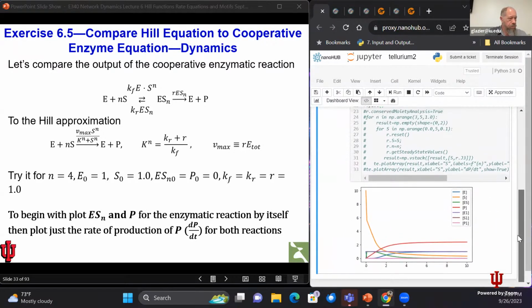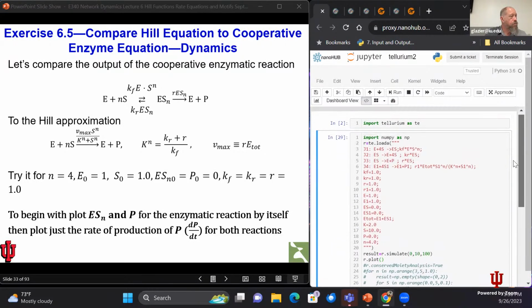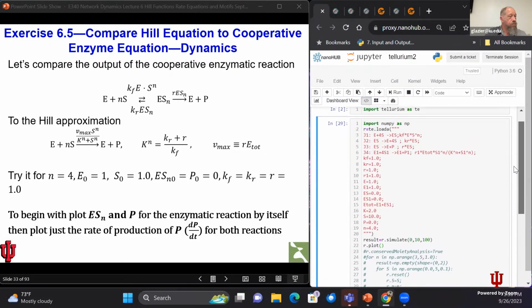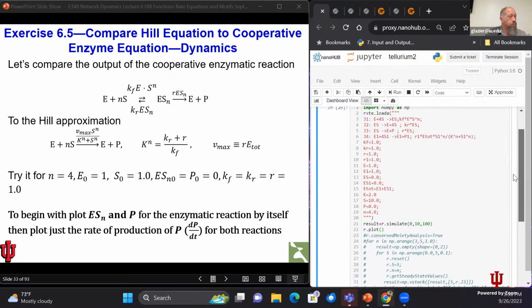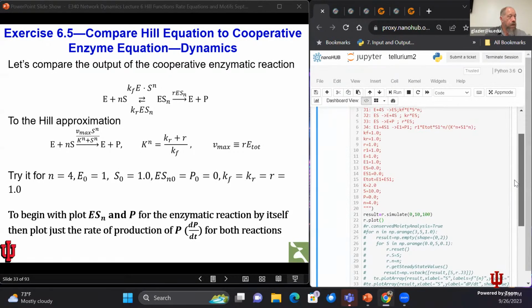That's a mess. And I actually gave more detailed instructions. Plot the amount of ESN and P for the enzymatic reaction by itself, and then just plot the production rates. So let me do that.